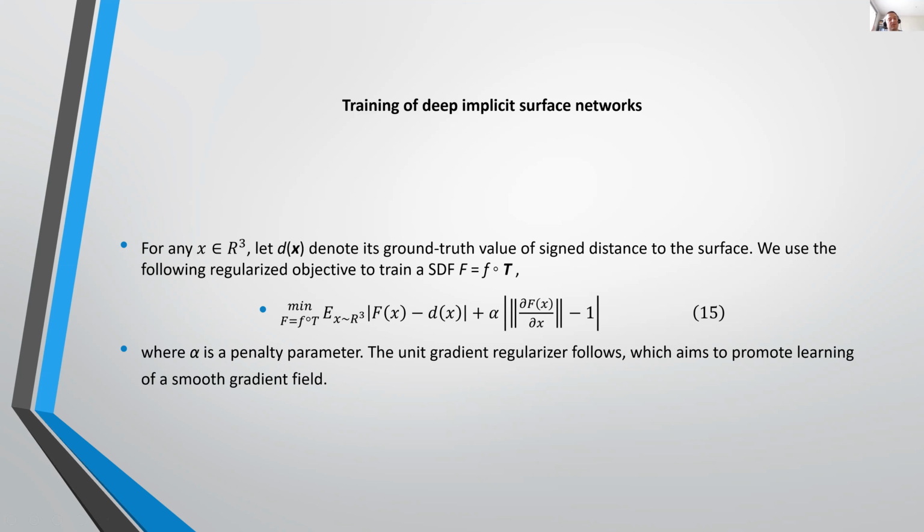Once you've completely learned what you're supposed to learn, the output of the network will essentially give you a distance to the isosurface. And this value is just a regularization term, which makes it so you have a smooth gradient within the function that's output.